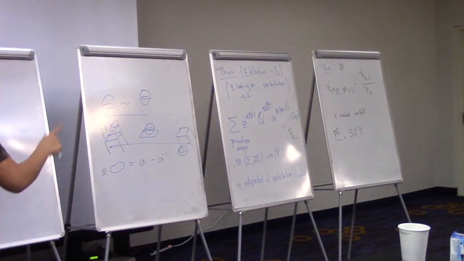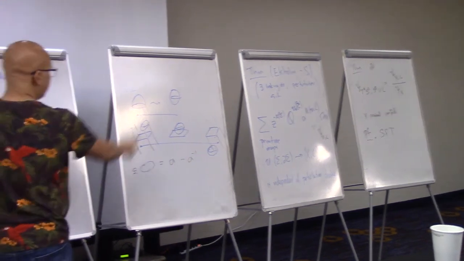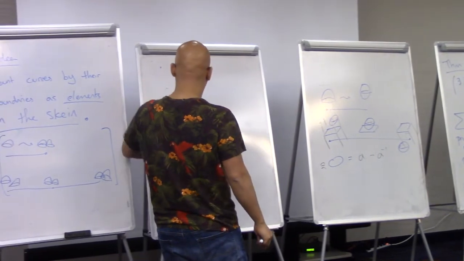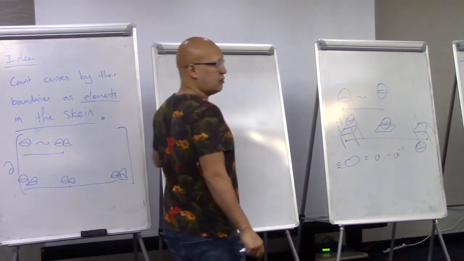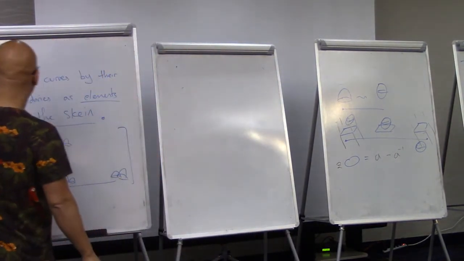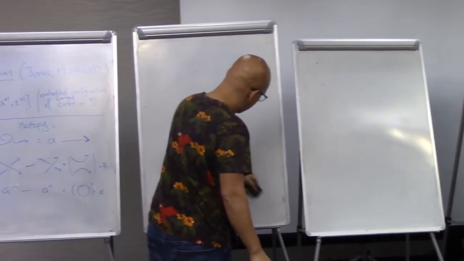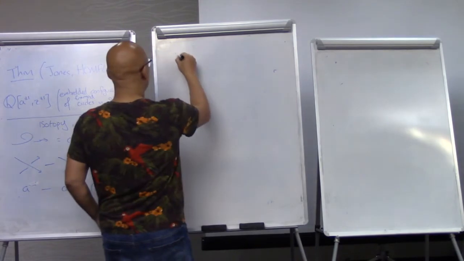I don't want to discuss it in more detail than that because I want to discuss the proof of the first theorem. So let me state the third theorem. Theorem.